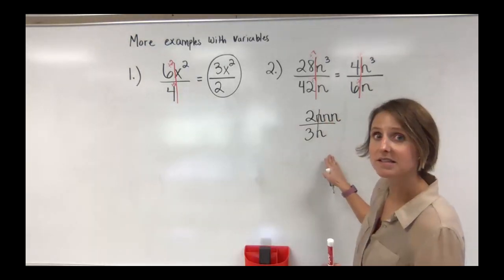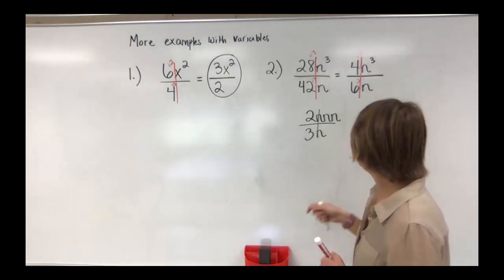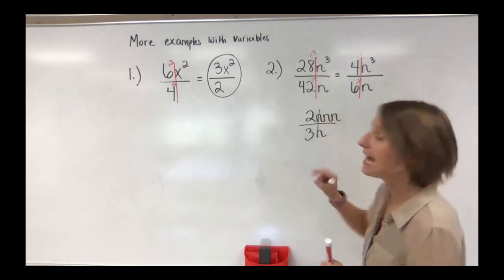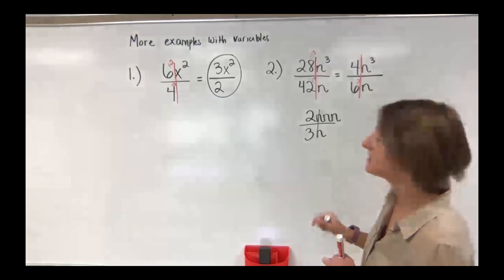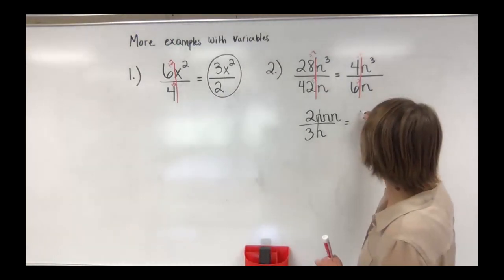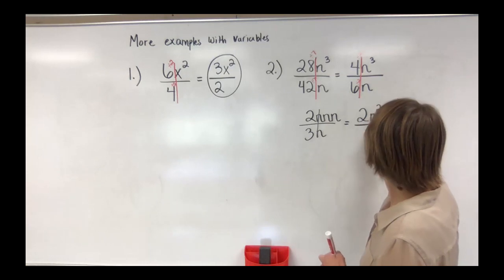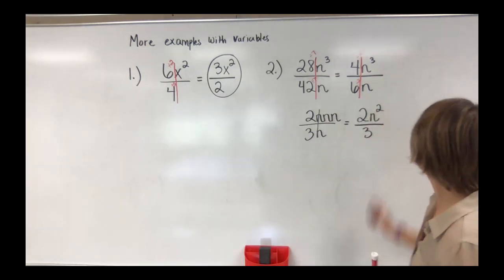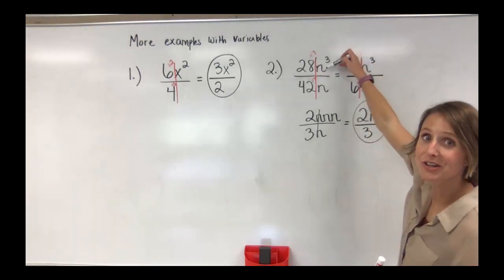Can we write this a little bit more succinctly? Yes, we could. We have 2 times n times n. This n times n, I can raise to the second power, right? n is being used as a factor twice there. So I can write my final problem as 2n squared divided by 3. And this right here is the simplified version of our original expression.